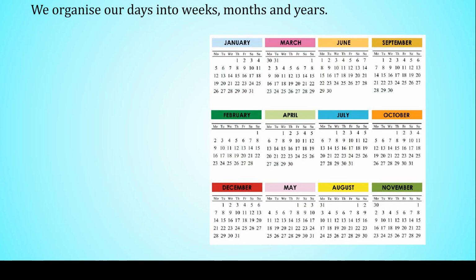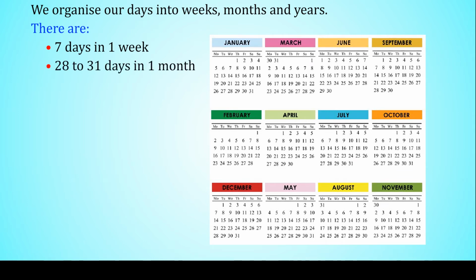We organize our days into weeks, months, and years. There are 7 days in 1 week, 28 to 31 days in 1 month, 12 months in 1 year, 365 days in 1 year.